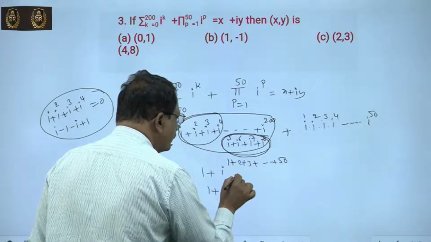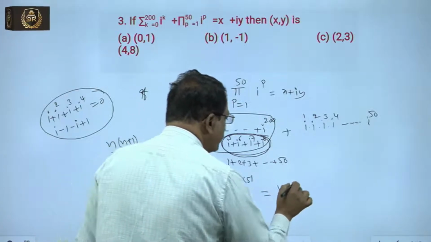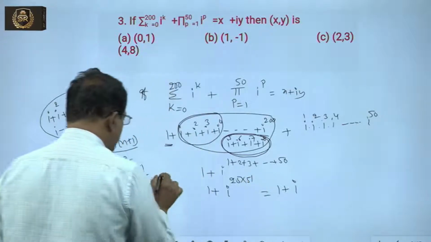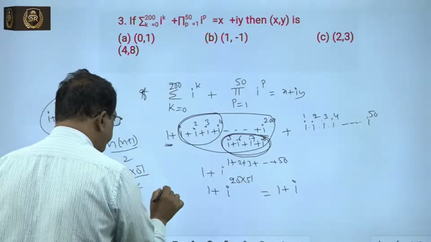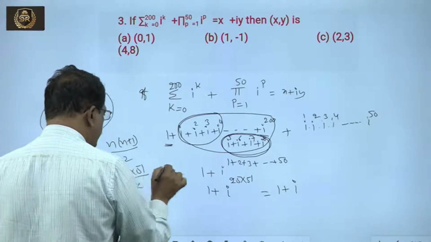Now 1 plus i to the power of 25 into 51, that is 1 plus i to the power of 25 into 51.